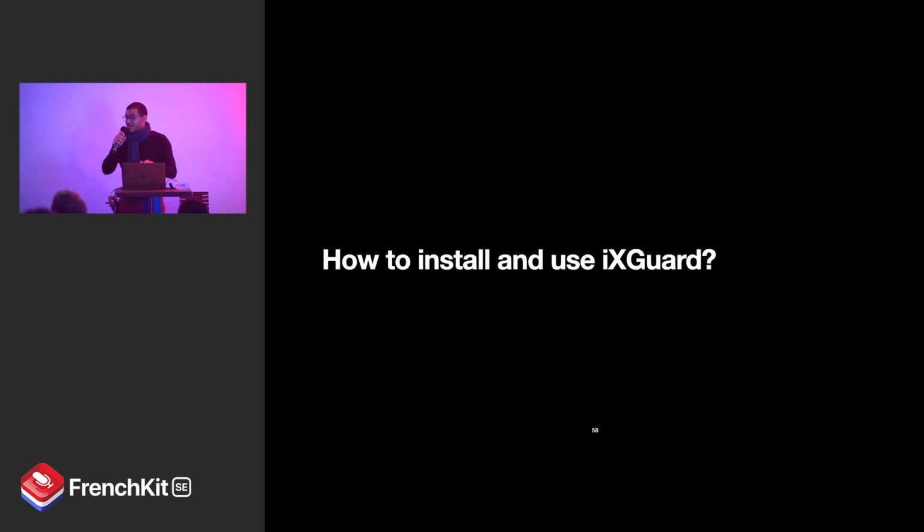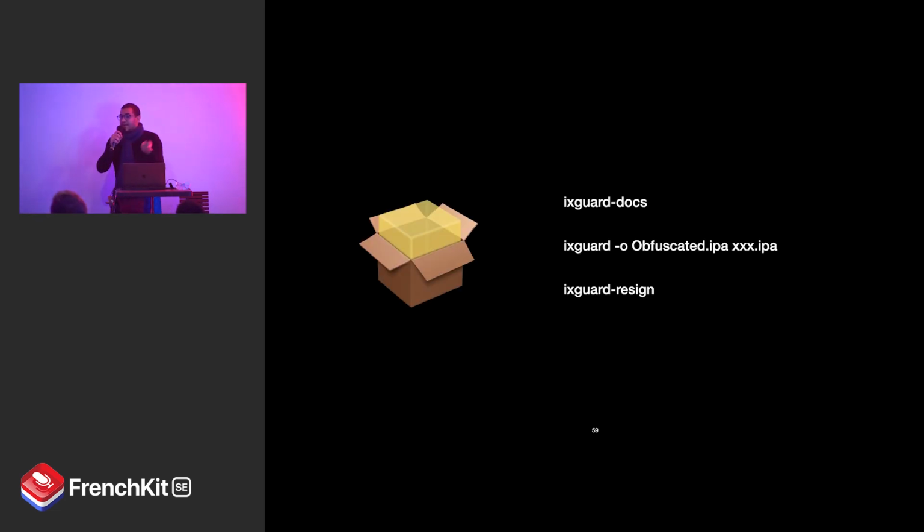So how to install it? It's really simple. Basically, you have to install a macOS package, and you have to deal with 3 command lines. The first one allows you to read the documentation. The second one allows you to obfuscate your app. The first argument is the destination of your final obfuscated IPA, and the last one is the path of your initial IPA.